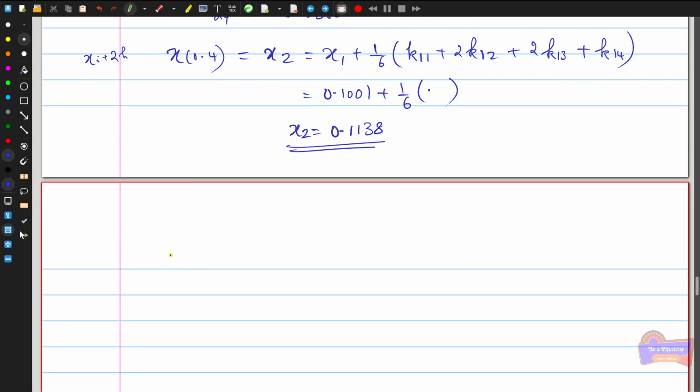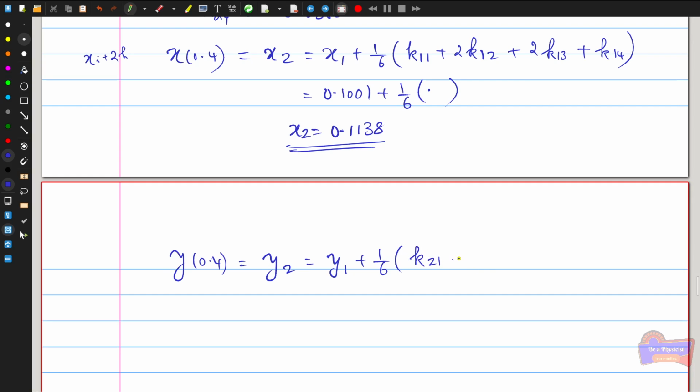Similarly, I can calculate the y of 0.4, which is equal to y2, is equal to y1 plus 1 by 6 into k21 plus 2 times of k22 plus 2 times of k23 plus k24.